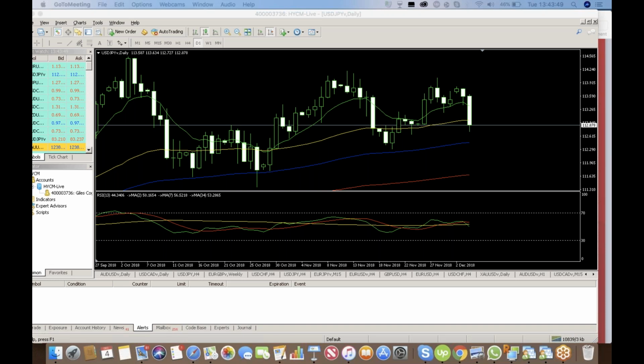Yes, so those yields are still falling. So what we want to do is we want to be looking at a US dollar Japanese yen short. Okay, so now we want to look at some sensible places to be trading this.